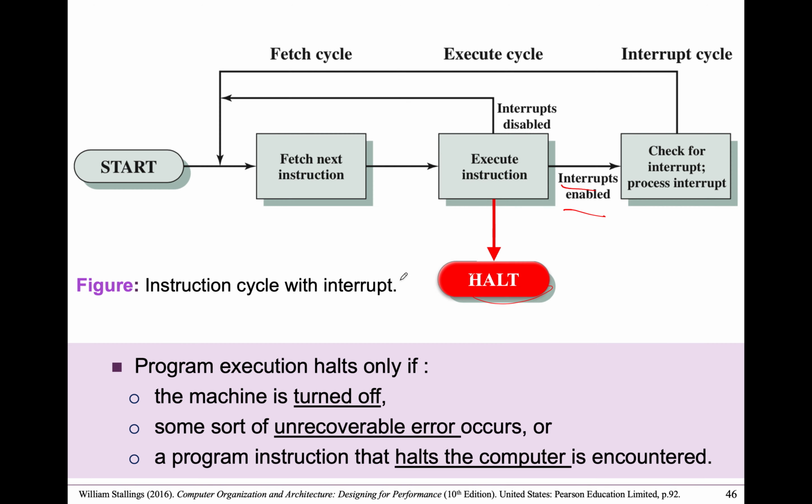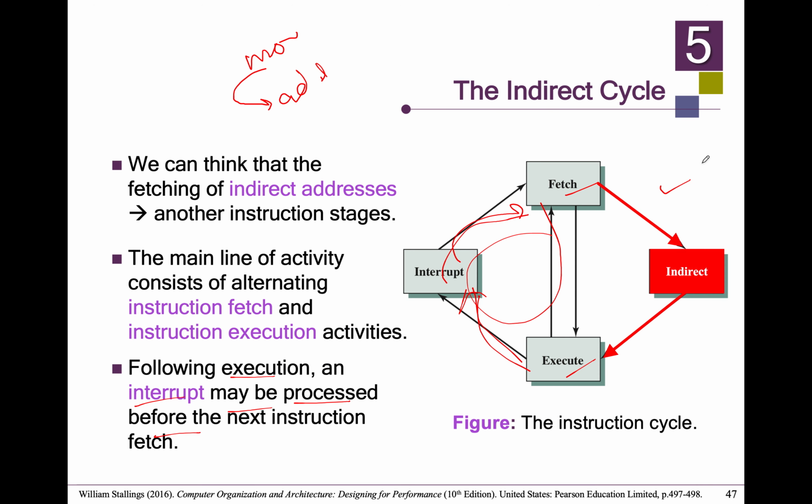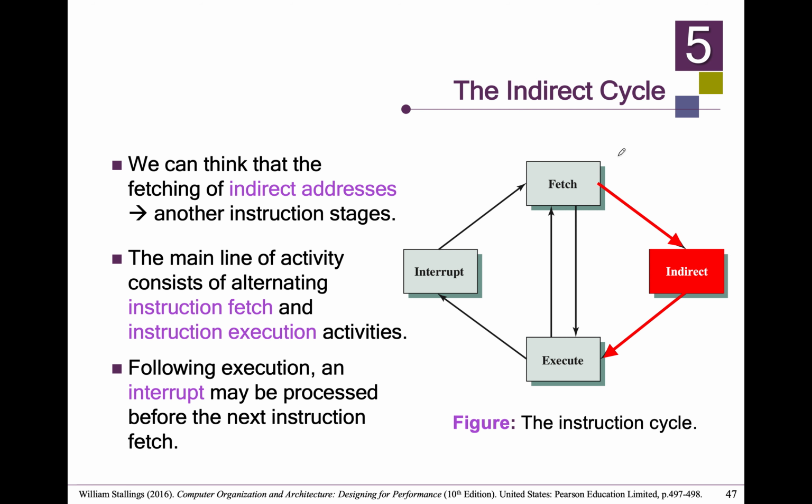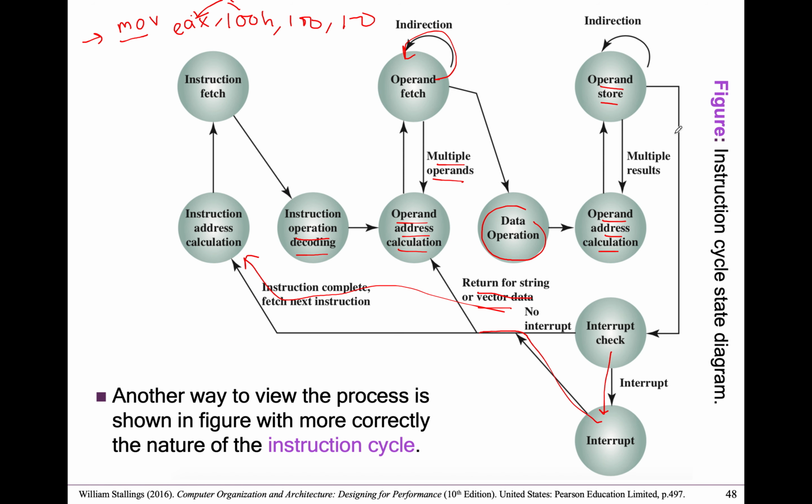So basically this is similar. The difference is only in how the picture looks. This one is the flow chart of the instruction cycle, and this one is the state diagram. So this is another way to view the process, which shows more correctly the nature of the instruction cycle.